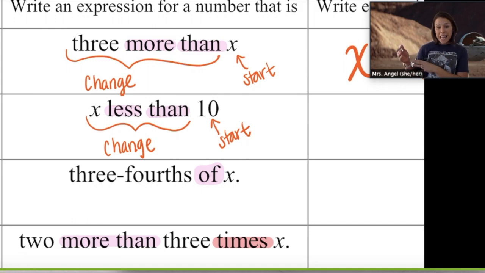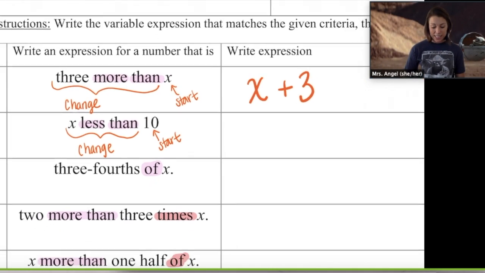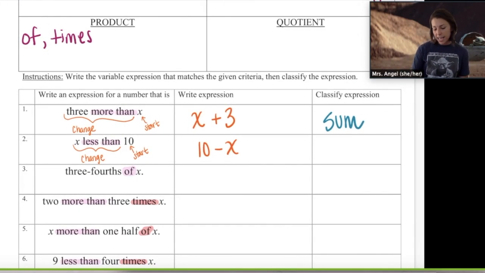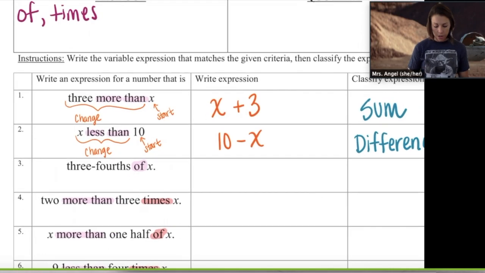So "less than" means take away from. So this really means x taken away from 10. So the real way to write this expression would be 10 minus x. That's x less than 10. And we already knew "less than" is how we describe a difference. Let's do the next 2, and then you can do the rest on your own.